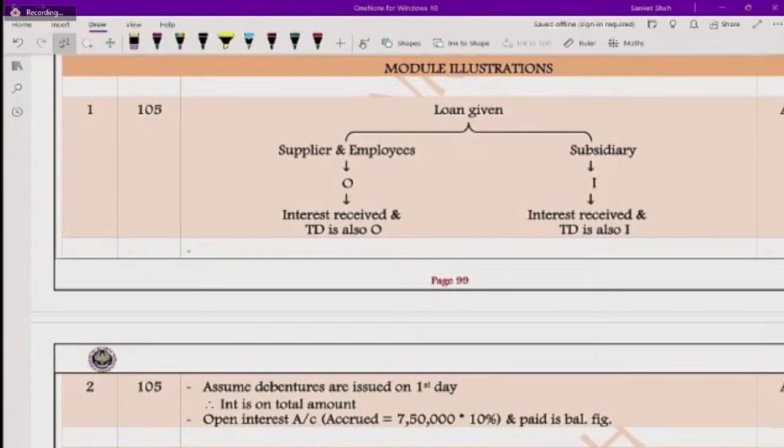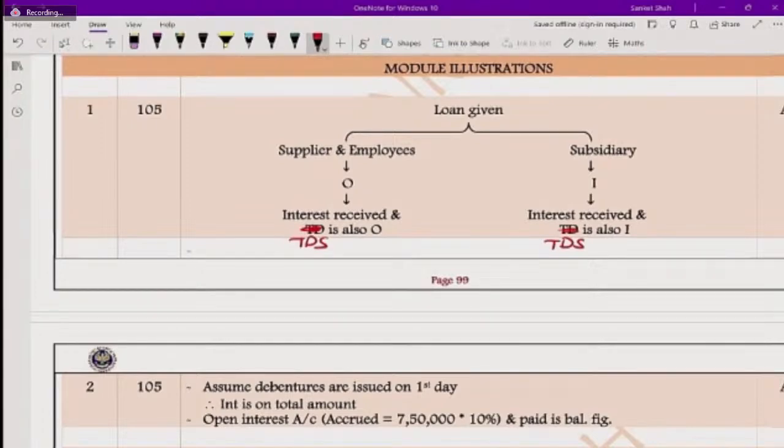Loan given to supplier and employees will be operating, and interest also received, interest received or TDS. So TD nahi beta, TDS. TDS is also operating, and here also TDS is investing.